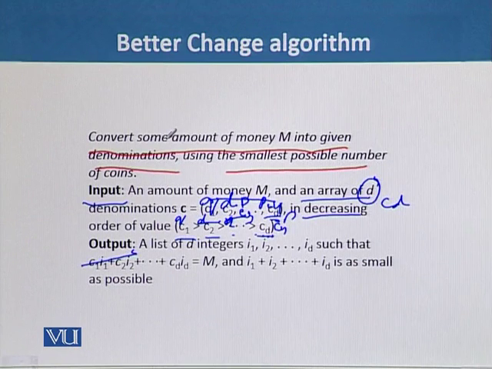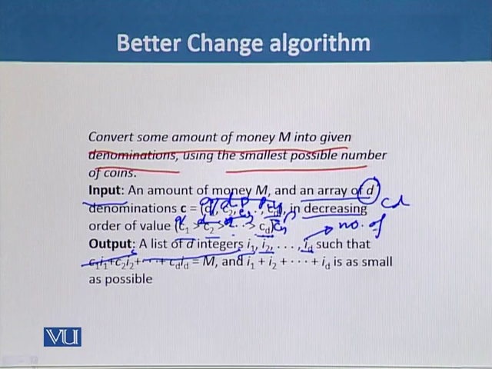The output of this algorithm will be a list of D integers, represented by I1, I2 up to ID. In this case, the I value will be the number of coins. So what we will get is C1 I1, C2 I2.